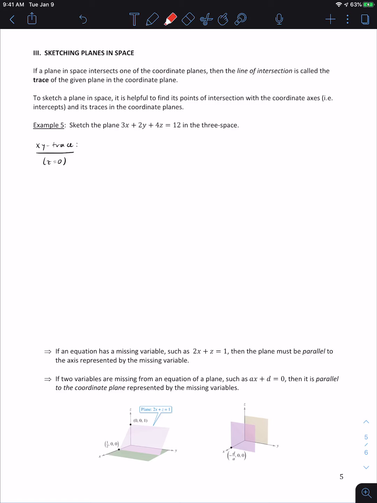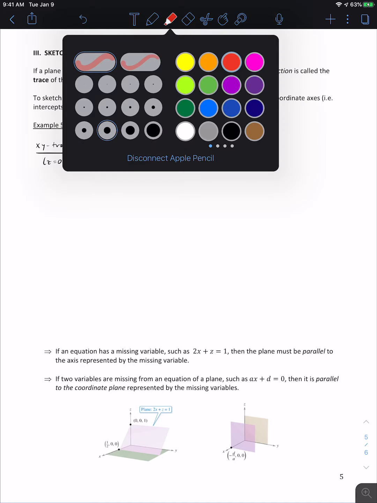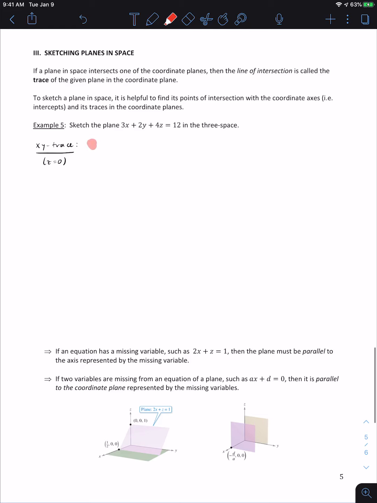So if z equals 0 in this equation, then I would be left with 3x plus 2y equals 12, right? And we're comfortable with the x and y coordinate plane, so you know this is the equation of a line, right? I could solve for y and get y equals mx plus b, and that would be the equation of a line, which again is what we expect, right?